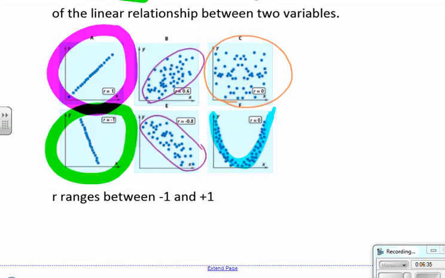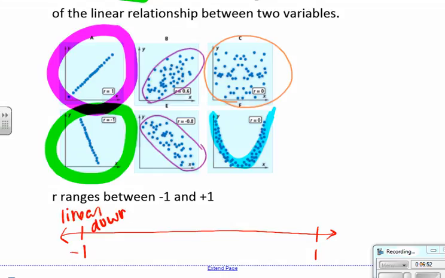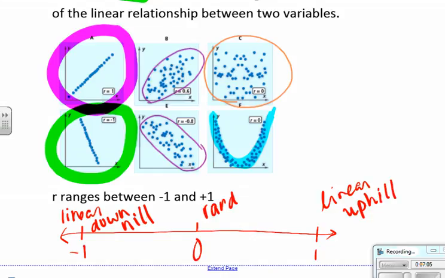So, once again, R falls somewhere in the range from -1 to +1. -1 is perfectly linear downhill, +1 is going to be perfectly linear uphill, and 0 is just a random scatter with no relationship.